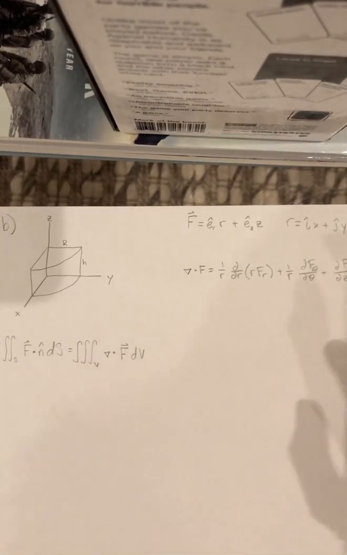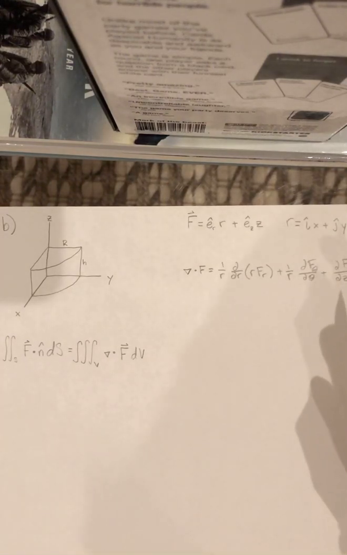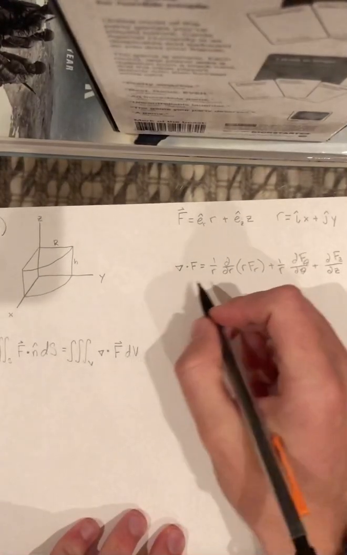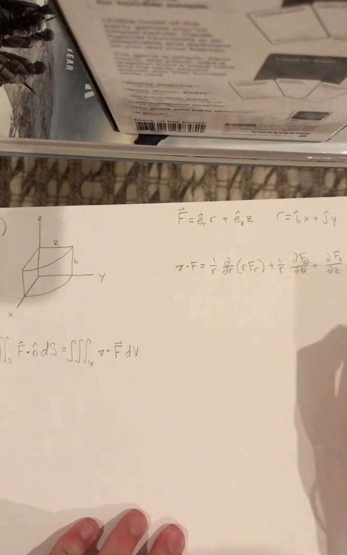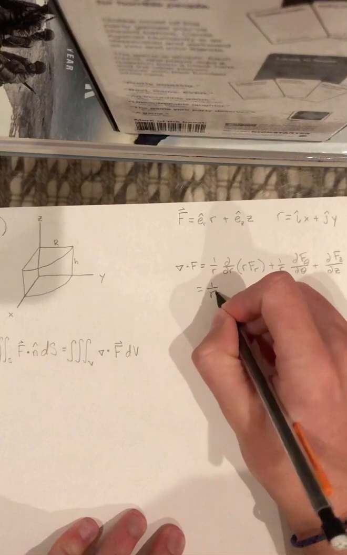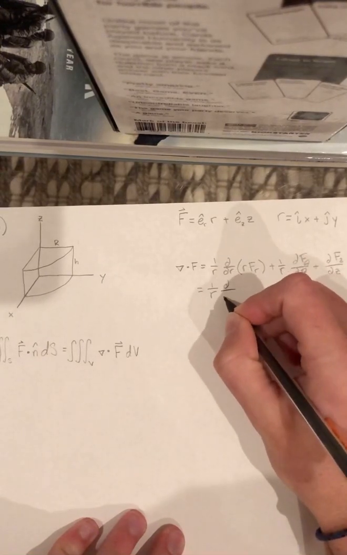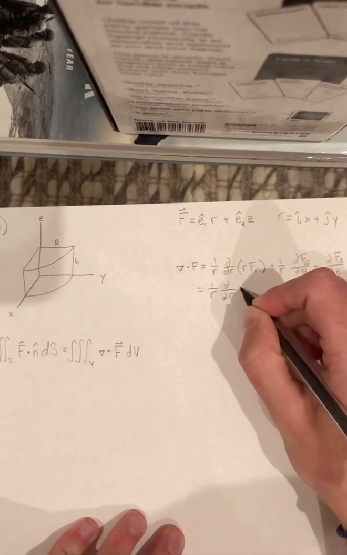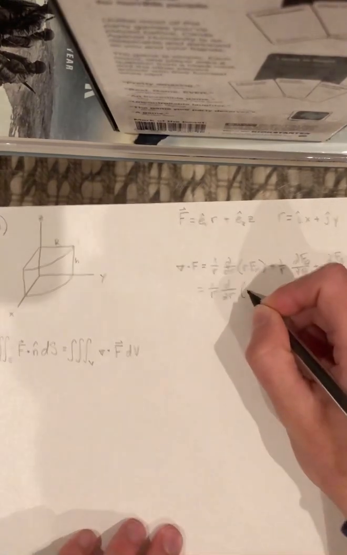So we're just going to plug things in again. We have del dot f equals 1 over r d dr of r squared.